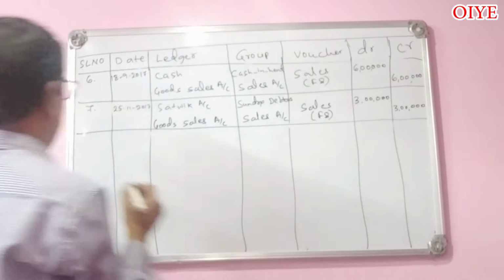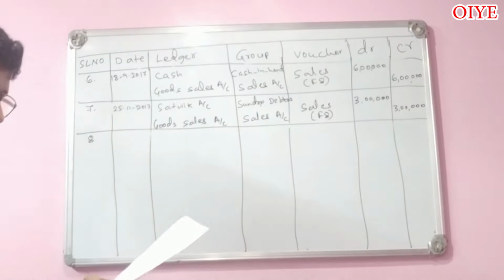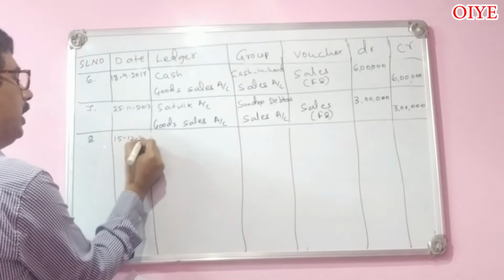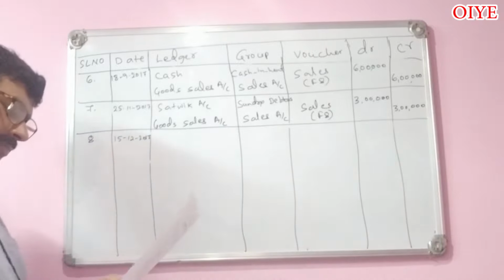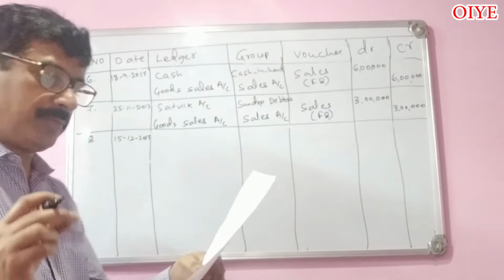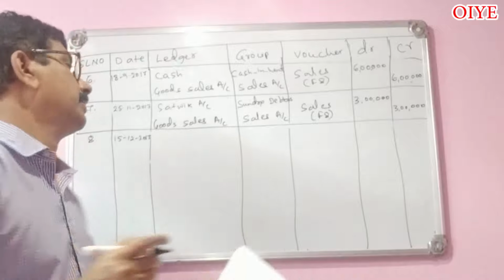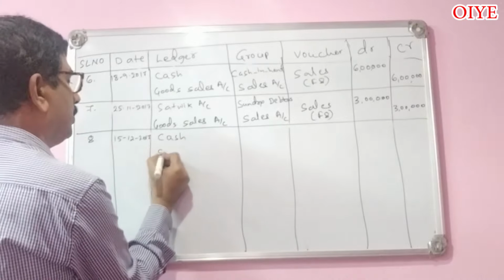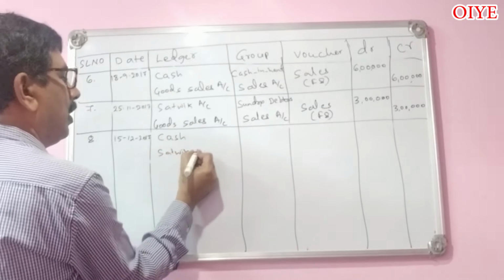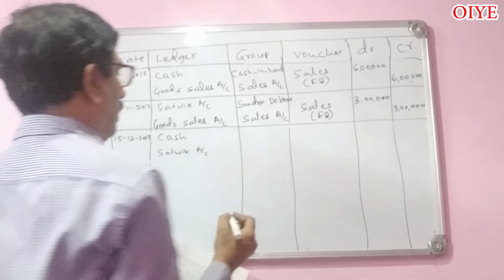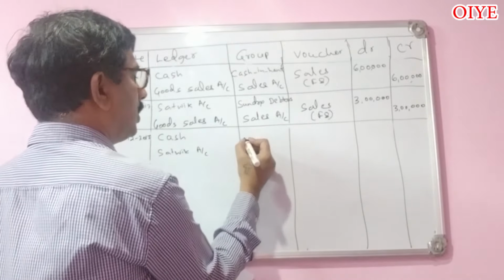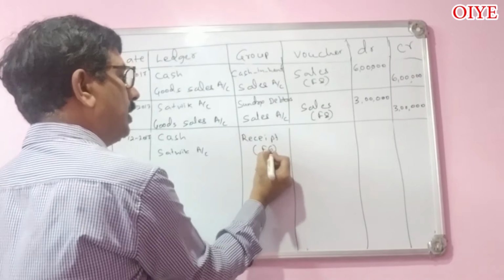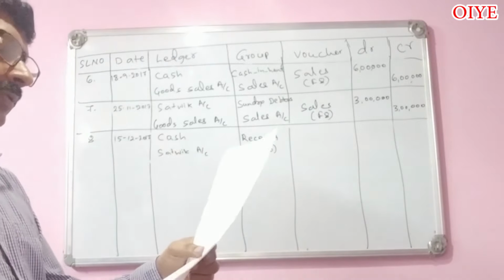Put one line and take the 8th entry. The 8th entry is 15/12/2017. Cash received from Mr. Satvik rupees 3 lakh. Now cash account and Satvik account. We are taking the amount into the business, so we will consider the voucher as receipt, F6.